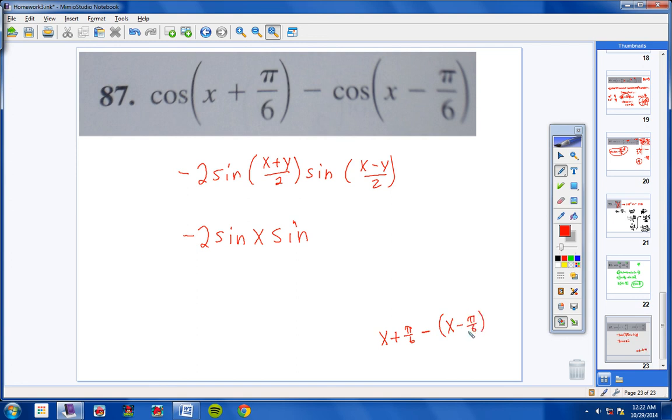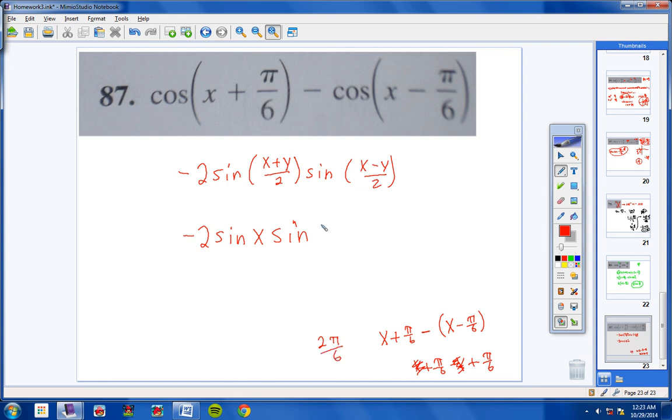So really you end up with x plus pi over 6 minus x plus pi over 6. We have a positive x and a negative x that cancel out. Pi over 6 plus pi over 6 would be 2 pi over 6, which is really pi over 3.